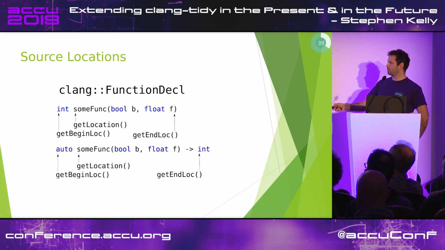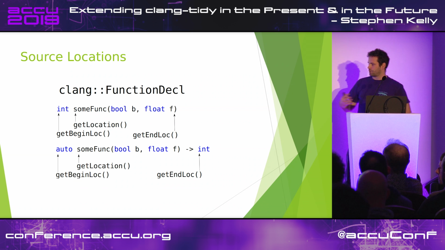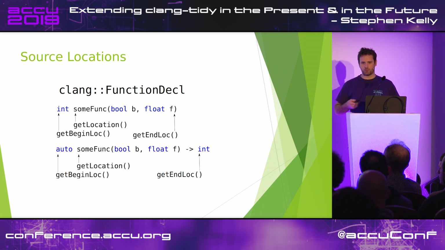However, I think C++11, maybe it's 14, we can write auto here and we can write arrow int at the end. So now if I want to replace the return type, I have to go to getEndLoc. So there's something missing here, some kind of semantic location, which means the place where the return type is.